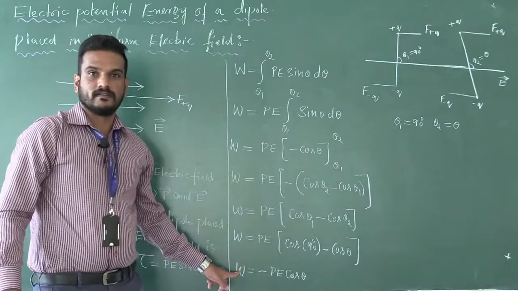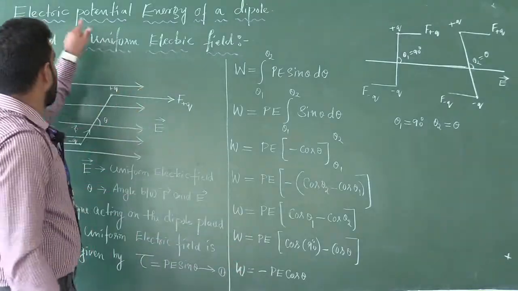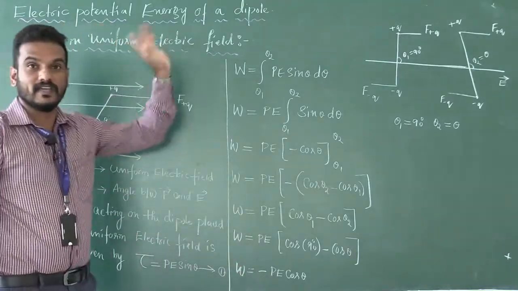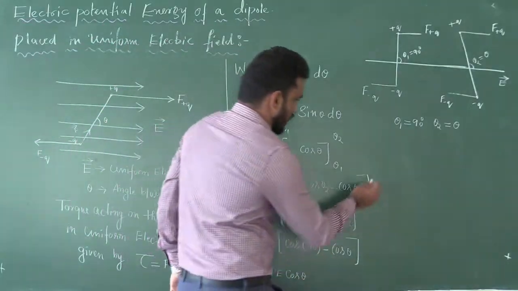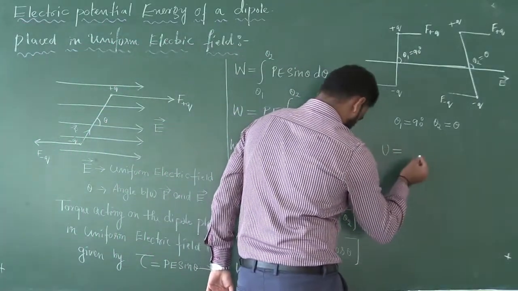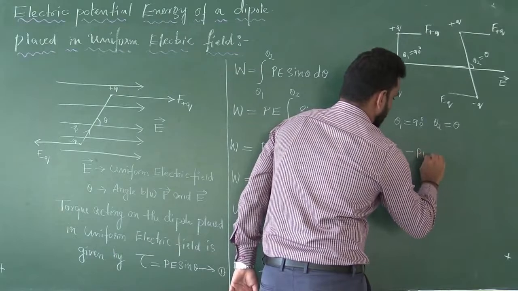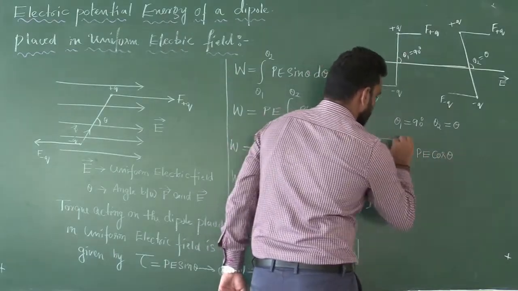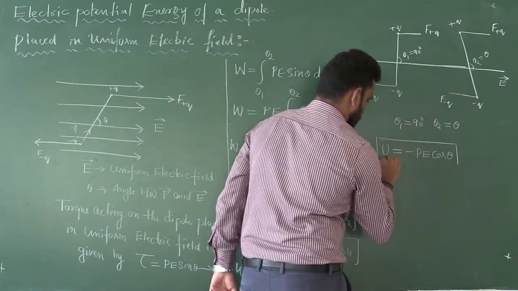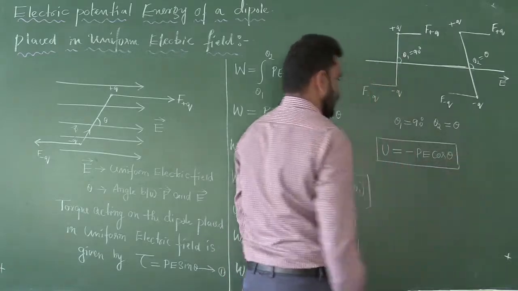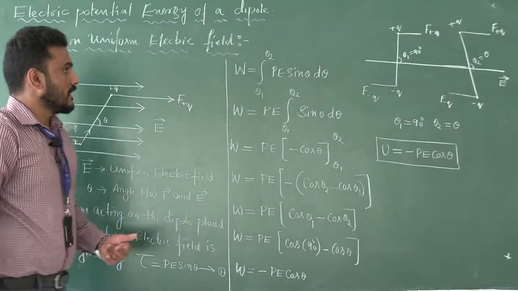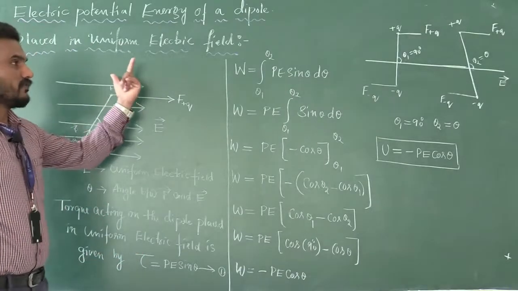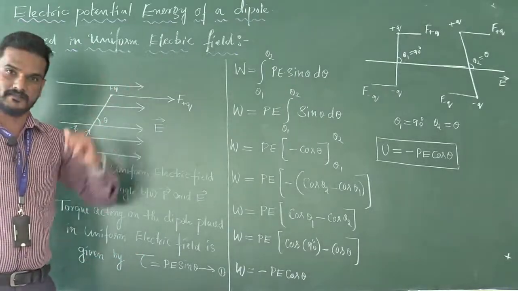This work done is stored as potential energy in the dipole. So we shall write it as U is equal to minus PE cos theta. So this is the final expression: electric potential energy of a dipole placed in uniform electric field.